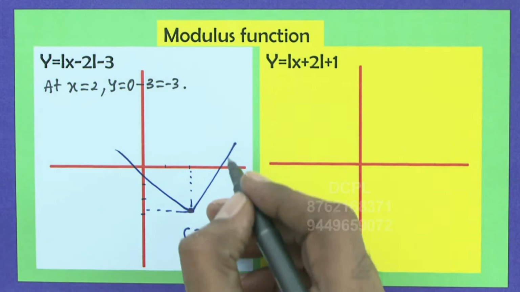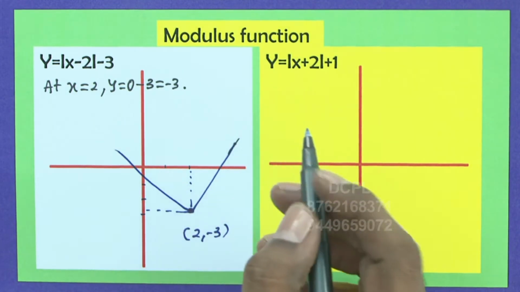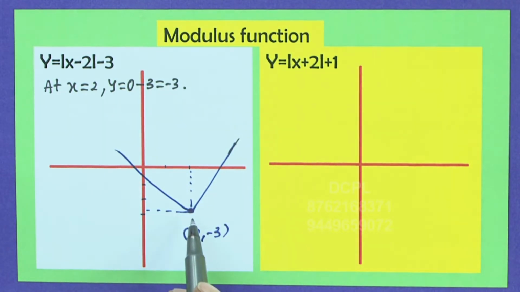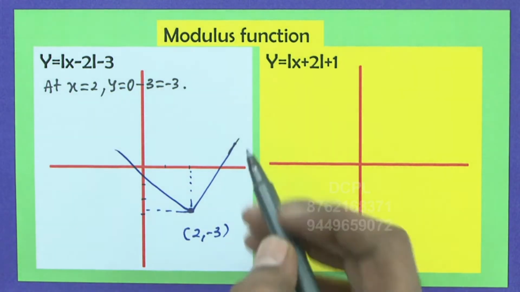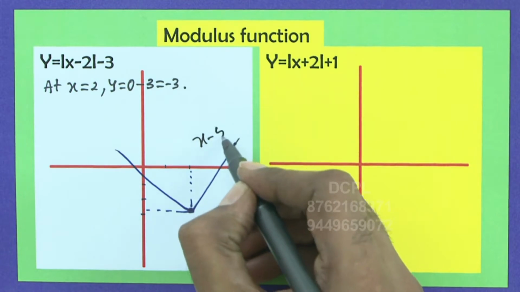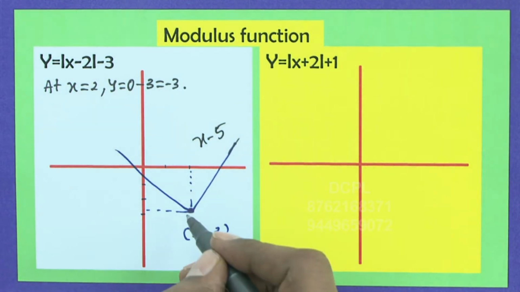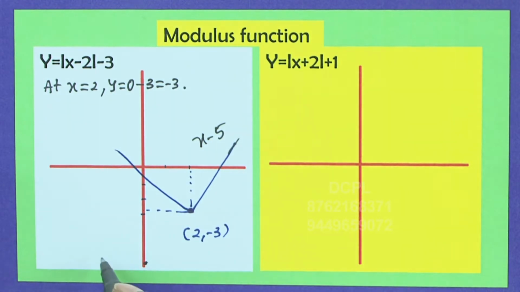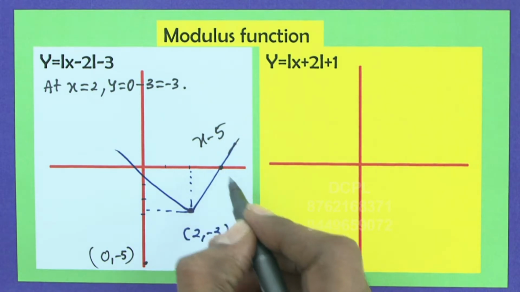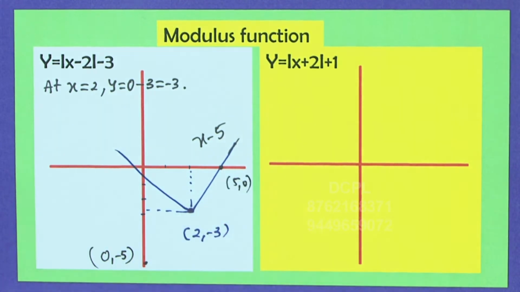Of course, the equation of this particular line, when x is greater than 2, is x minus 2 minus 3. Is that correct? That is x minus 5. So, that means this meets the negative y axis at 0 comma minus 5, and of course, this is 5 comma 0, that you should know. When x is less than 2, then what happens?